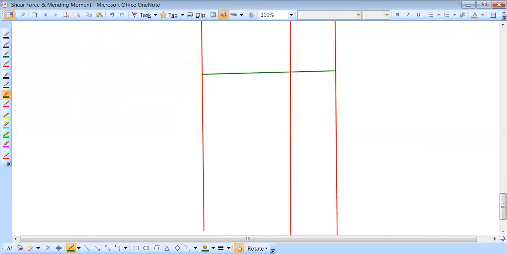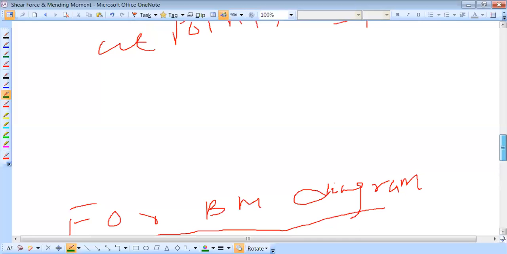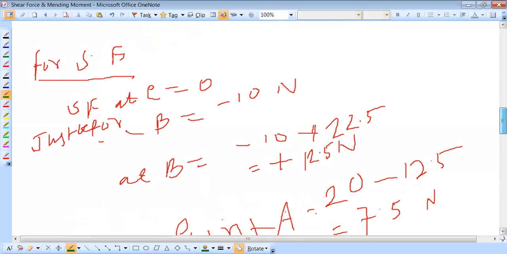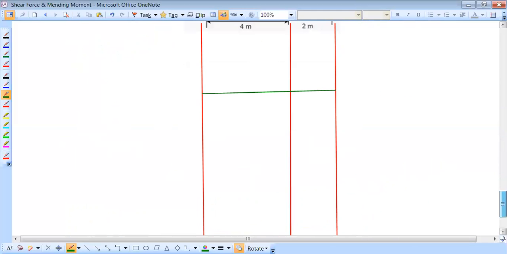So SF just before B is equal to minus 10 and at B is equal to plus 12.5. So this load is UDL. That means you can take a straight line this way.